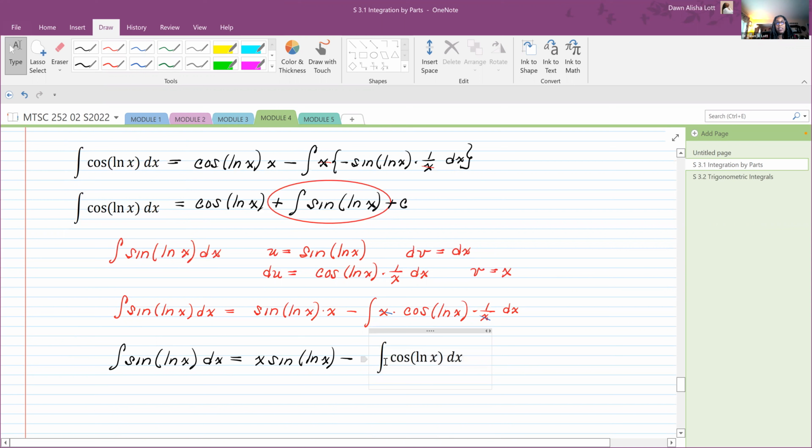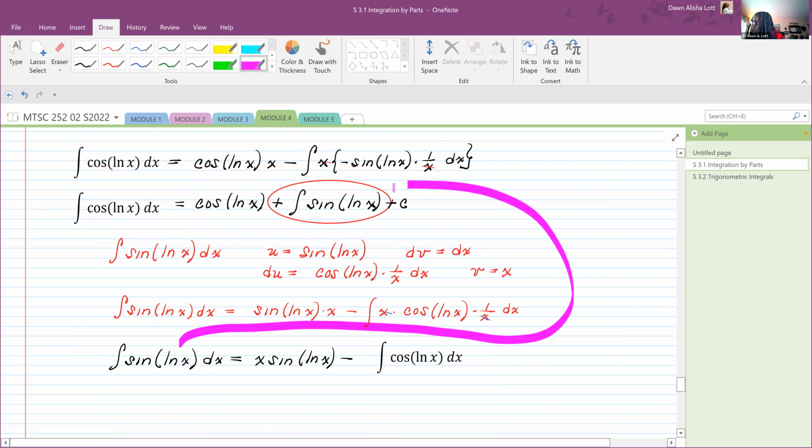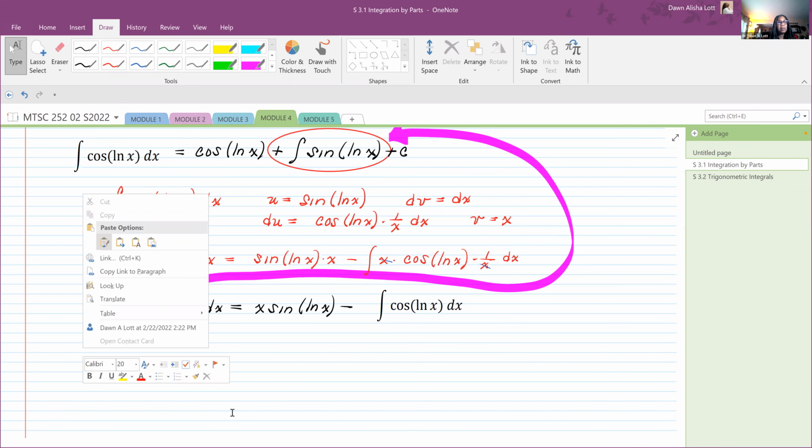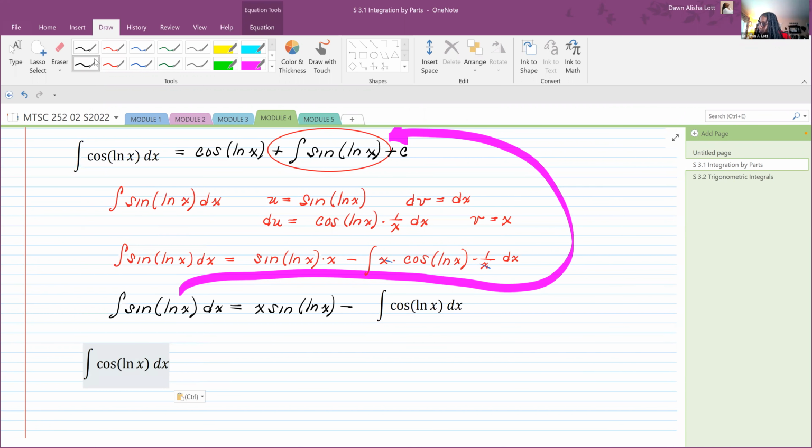Okay, so now I need to plug this into here. So I get the integral of cosine log x dx is going to equal x, nope, something's wrong.